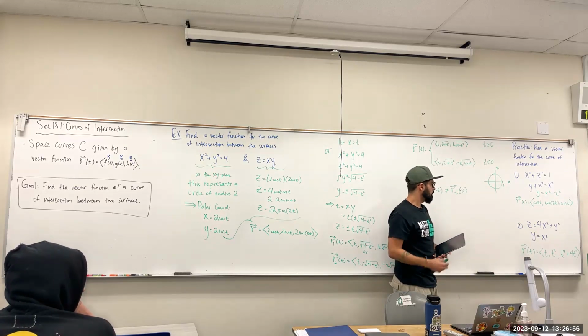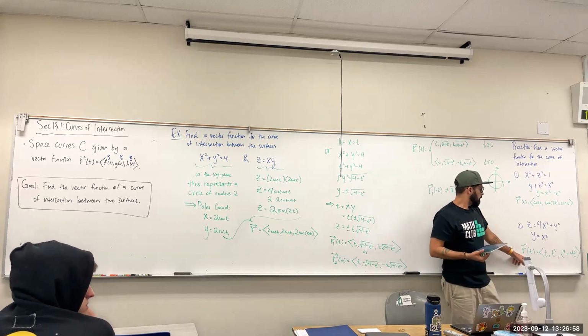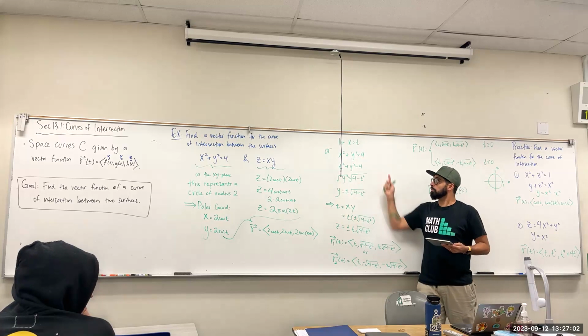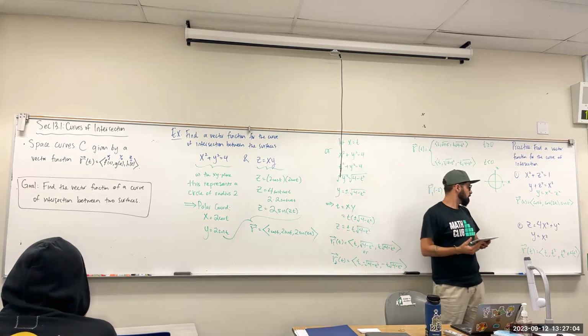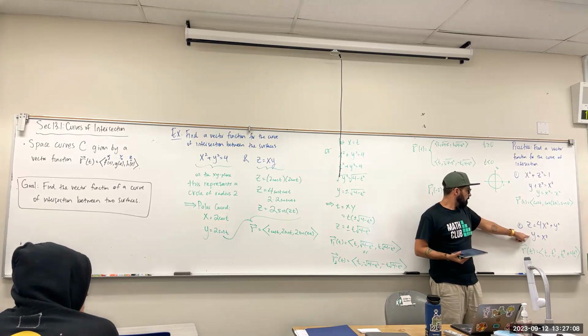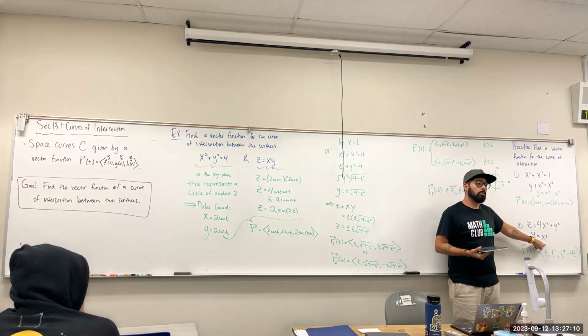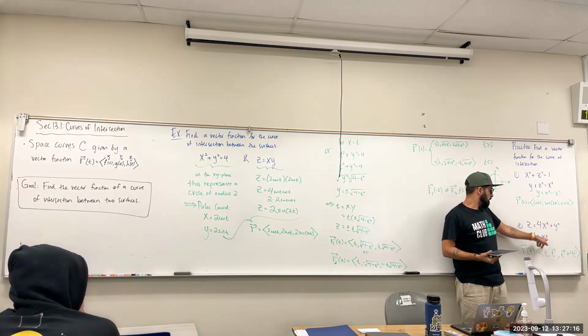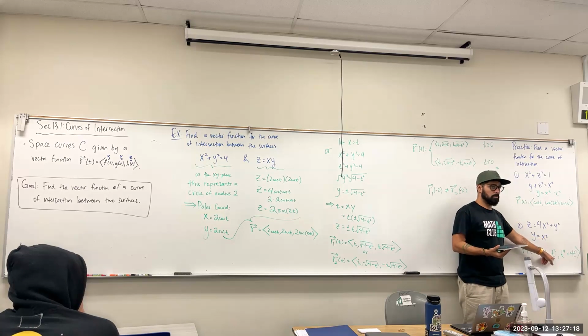For this one, trig doesn't really work, so you would want to try something like what we did in this problem. Notice that y is already written in terms of a variable, x. So if you let x be t, and plug in the t here, then y is t squared.